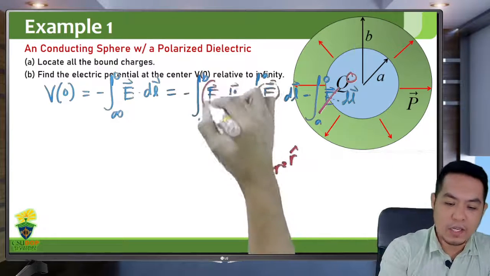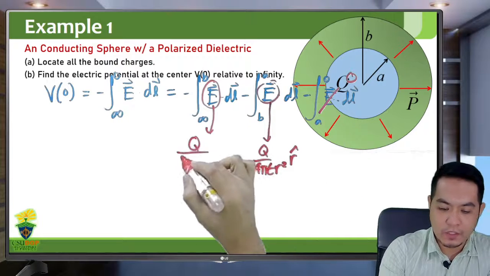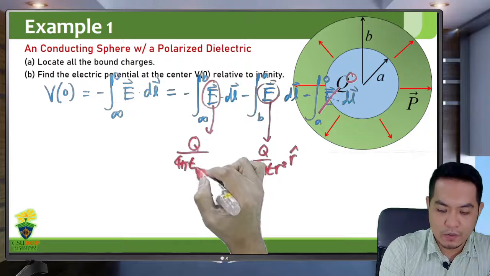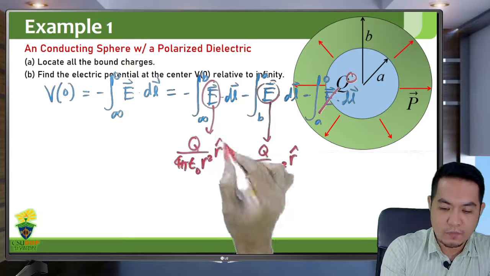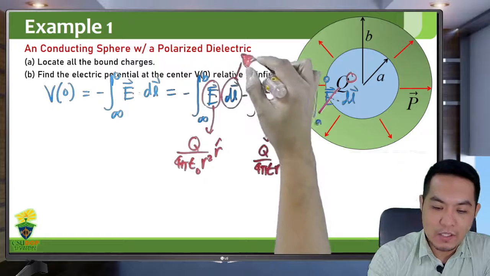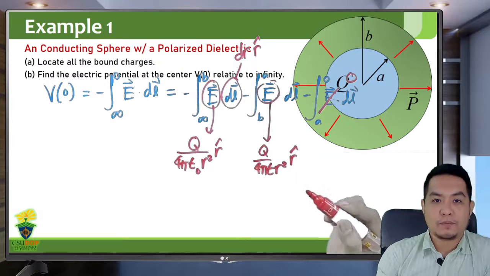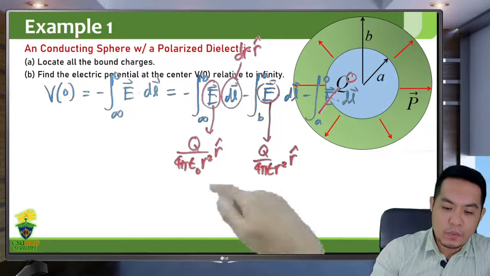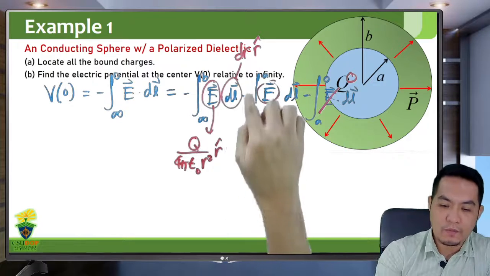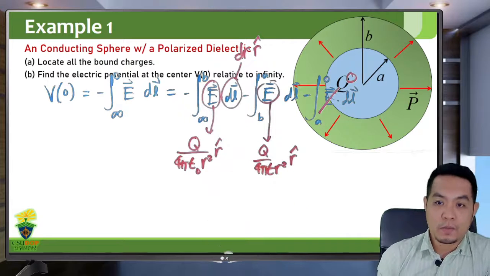And similarly, outside, it's just the same but with a different permittivity: Q over 4 pi epsilon naught R squared R hat. So our dl here is just dr R hat. Substituting these results, inside the integral you will have dr over R squared.